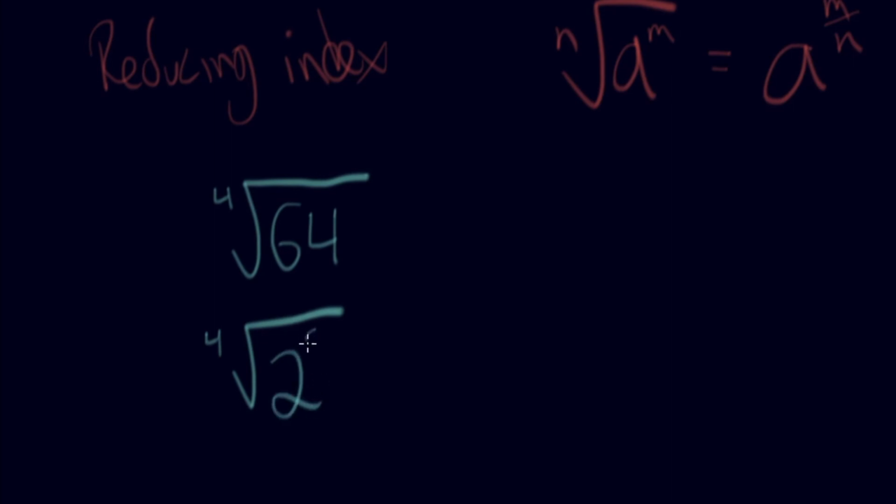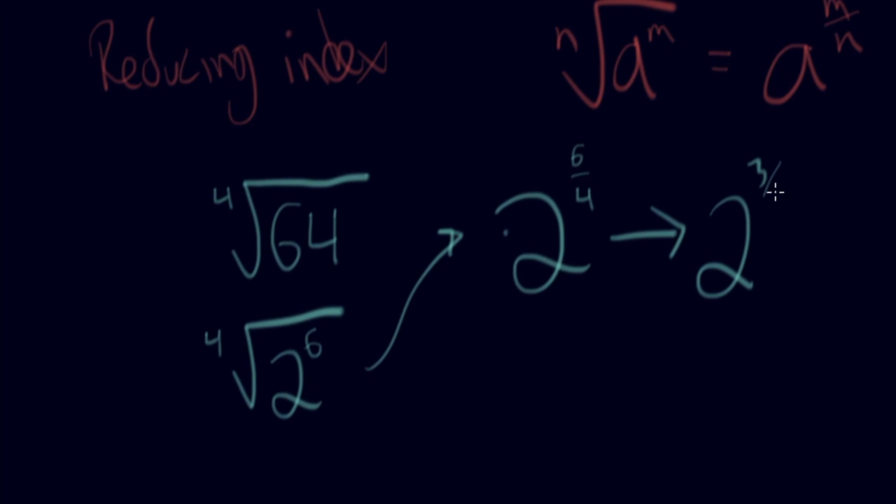So 2 to the power of 6 is 64. And I want to do this for a pretty fun reason, using this idea here. So how would I do that? I would have 2 to the power of 6 over 4, 6/4, which of course, if I simplify it, just like a regular fraction, is 2 to the 3/2.